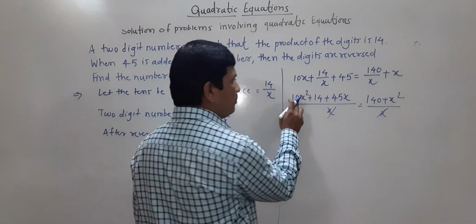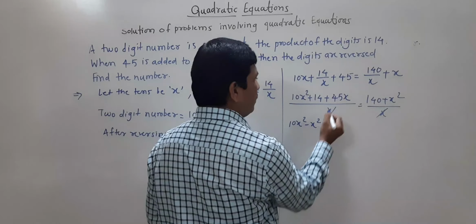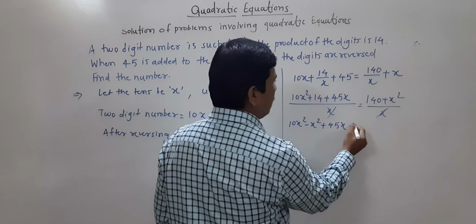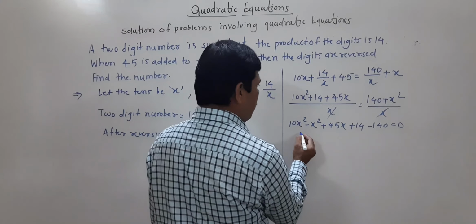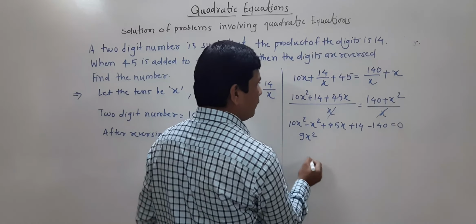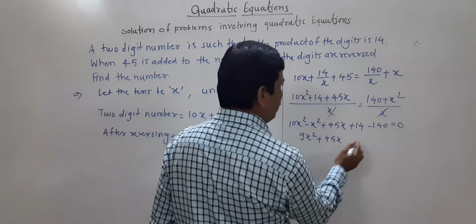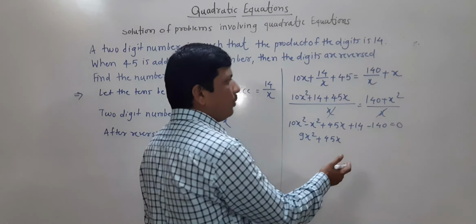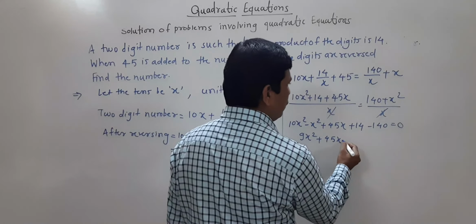Now we will collect the like terms. 10x square, this x square we will take here, minus x square, plus 45x, plus 14 minus 140 is equal to 0. Okay, so 10x square minus x square will be 9x square. 45x will remain as it is. 14 minus 140 will be minus 126, equal to 0.